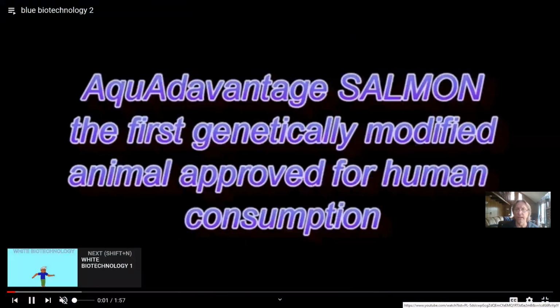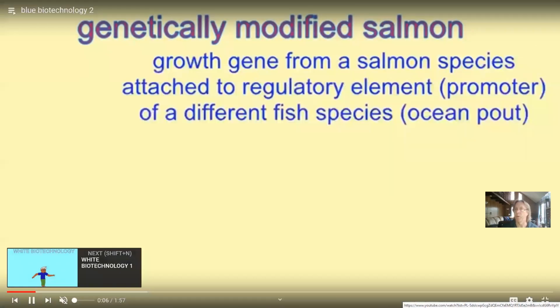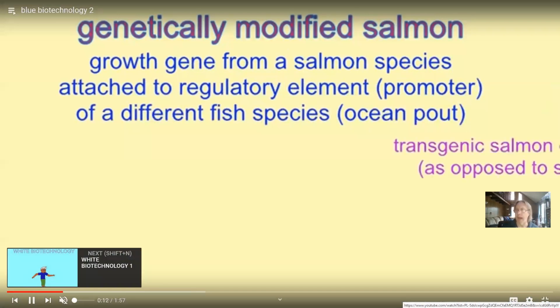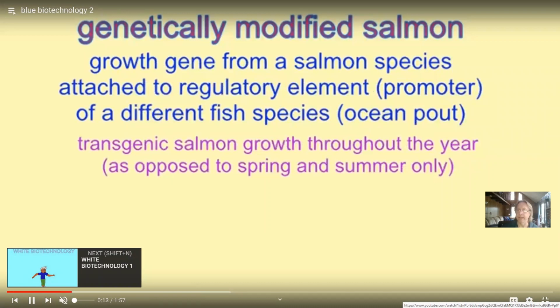Another aspect is potentially we could change organisms which we intend on eating. All right, and there was a type of salmon, for example, which was genetically modified, which would grow to adult size in half the time.